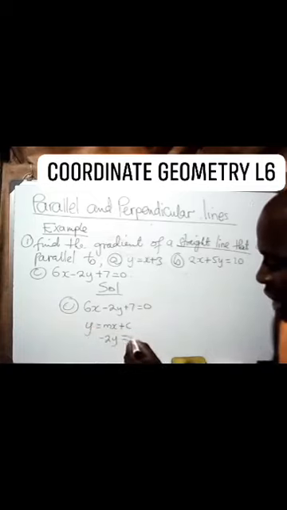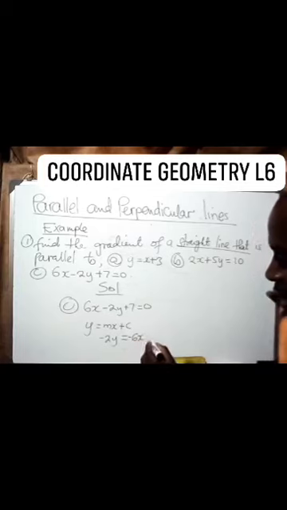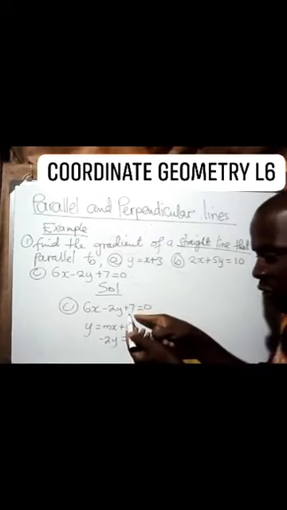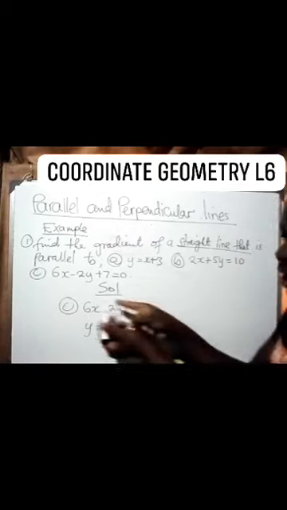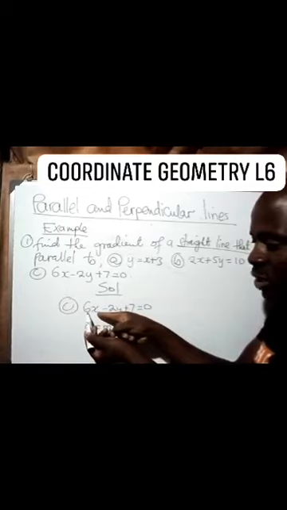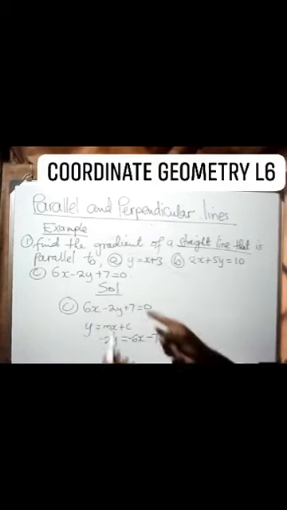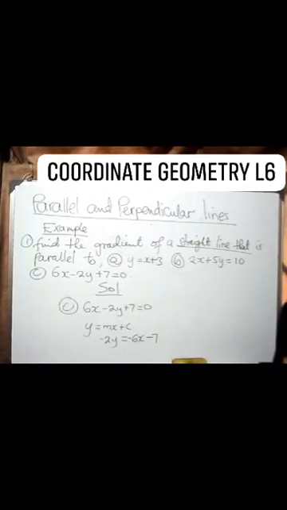So we are going to have negative 6x, then now 7 comes in, minus 7. What I've done, I have moved this 7 to the other side. I've also moved this positive 6 to the other side. If positive 6 goes to the other side, it becomes negative. And this one also becomes negative, because the additive inverse of 6 is negative 6.